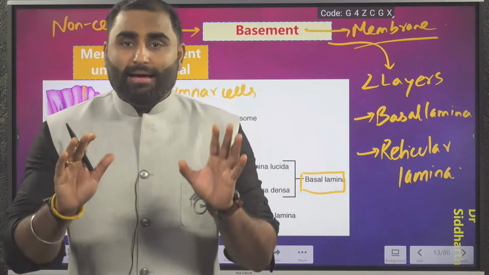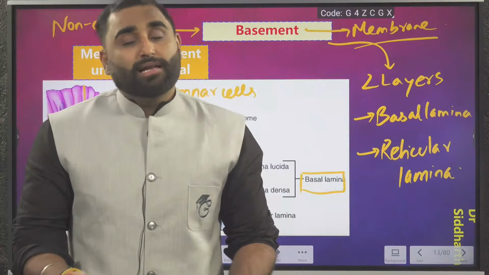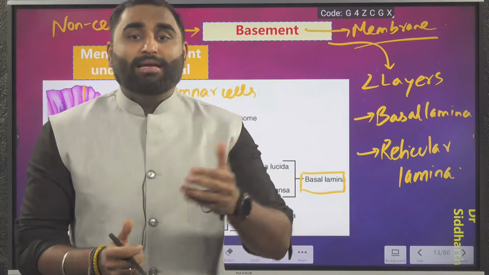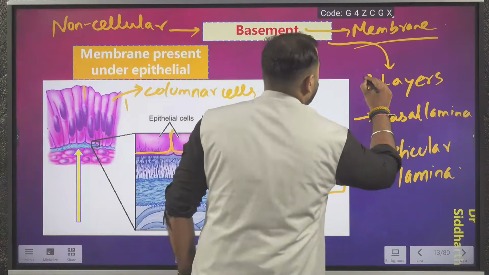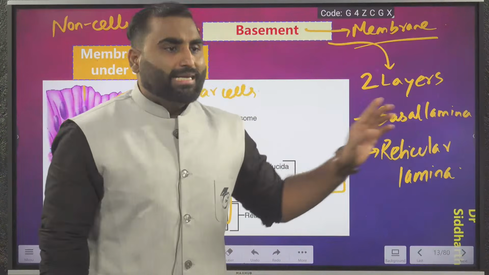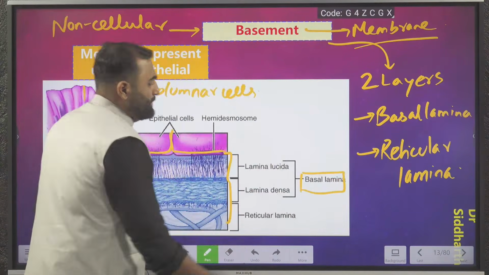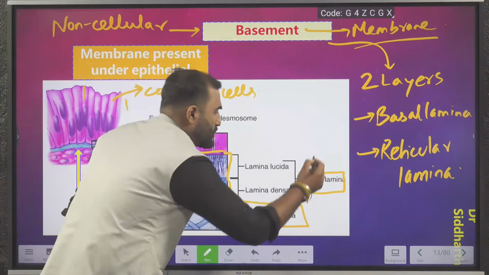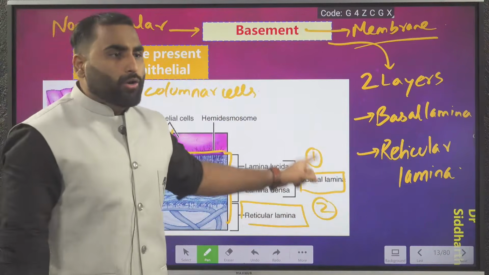So imagine you are an epithelial cell and below you there is a basement membrane. How many layers is the basement membrane made up of? Two layers. One is the basal lamina and one is the reticular lamina. Now tell me, which is closest to the cells? Look at the diagram.